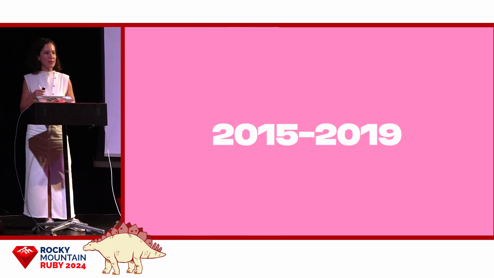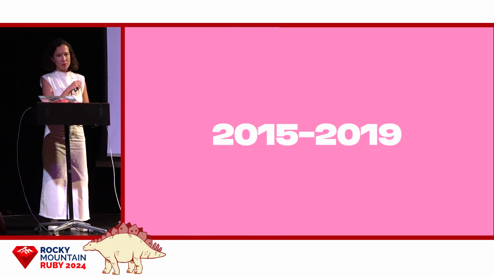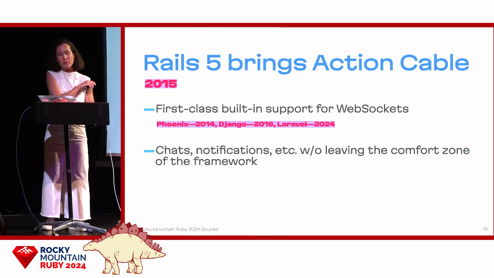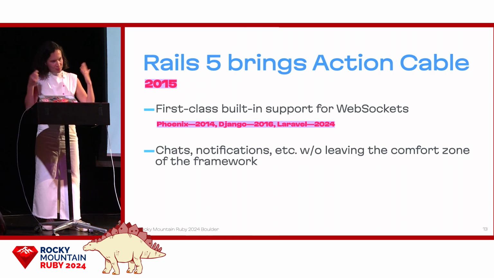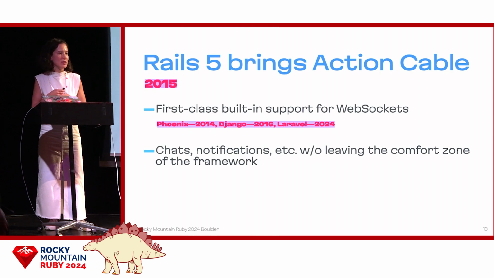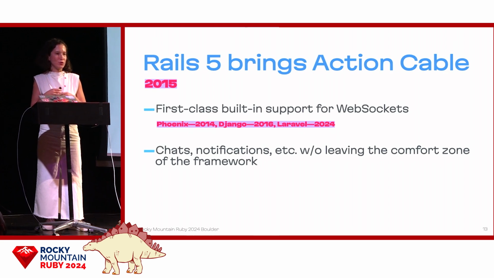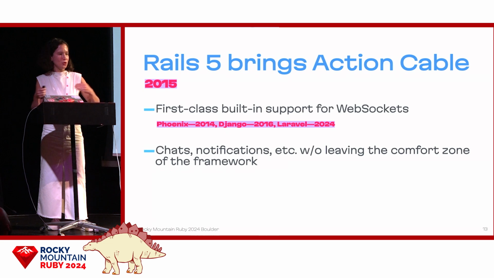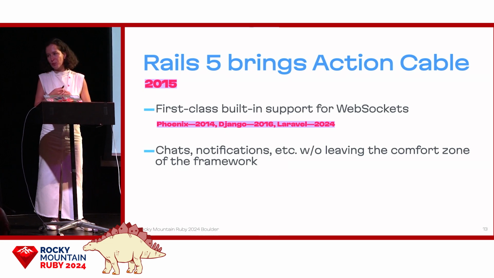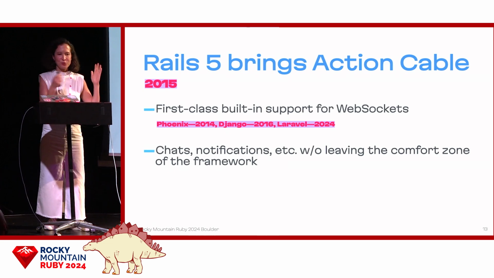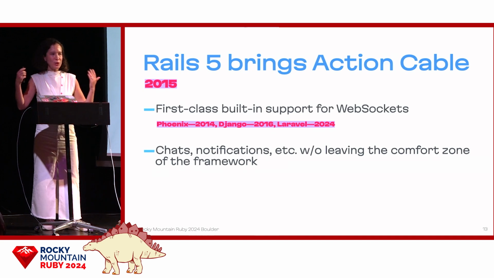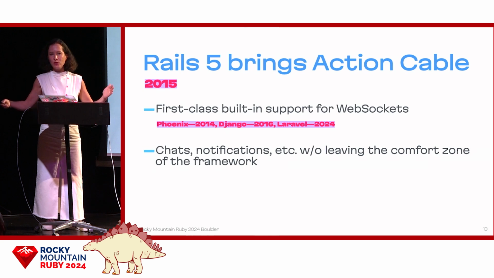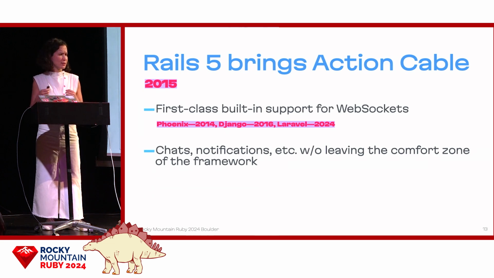So the story actually begins in 2015, when Rails introduced first-party support for WebSockets. As you all know, it's called Action Cable. It was one of the first frameworks that introduced this. Of course, Phoenix was probably the first, but this is a real-time first framework. Now Rails said, look, build real-time features with Rails.